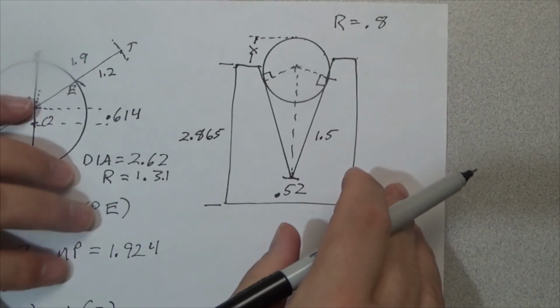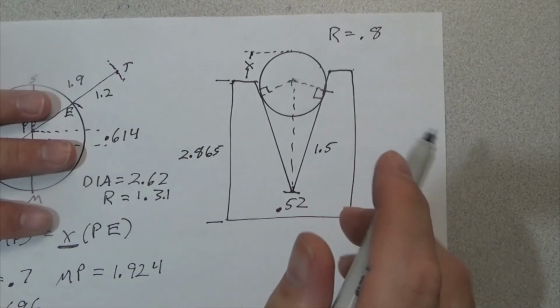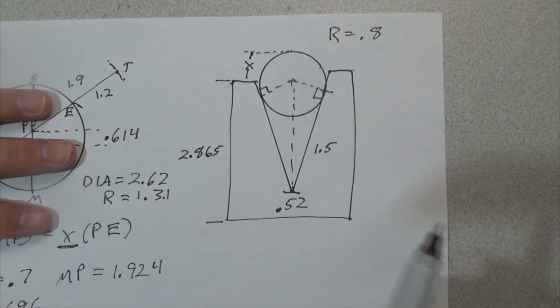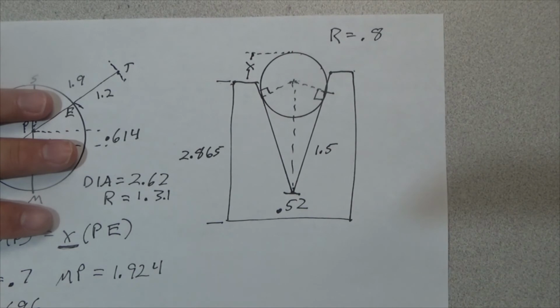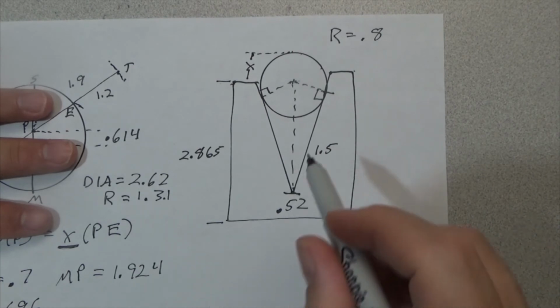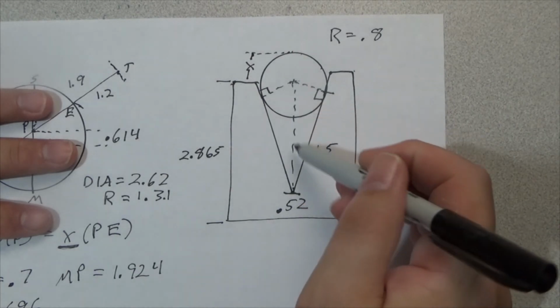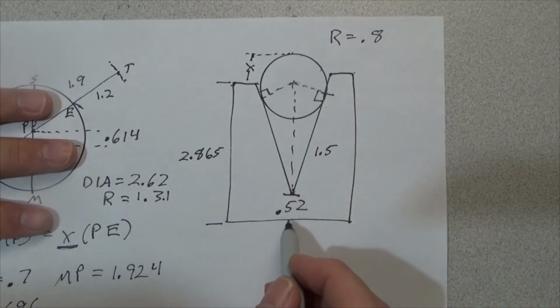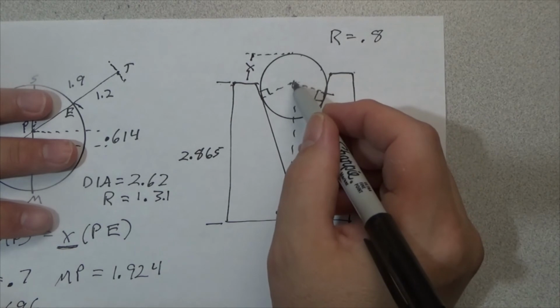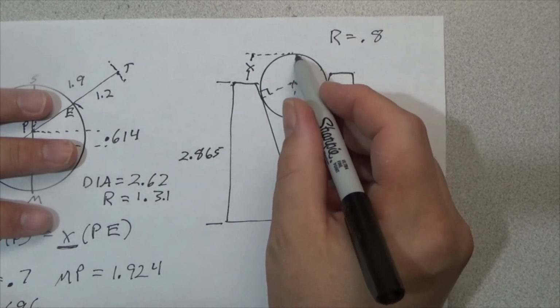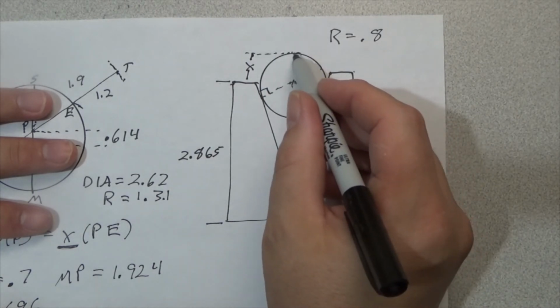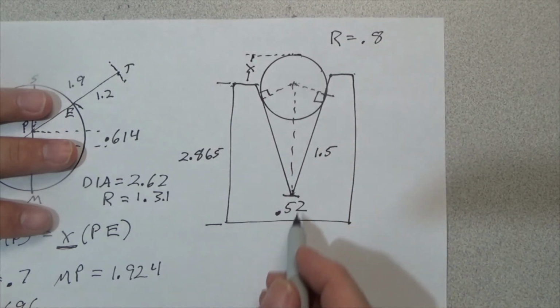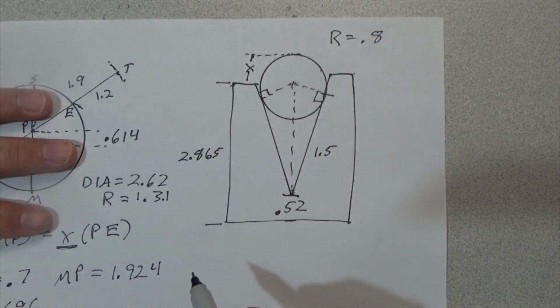Okay, so let's just examine this for a moment. If I have this distance right here, then I can add this distance and this distance from here to here, and I would have the total distance from the very top to the very bottom.